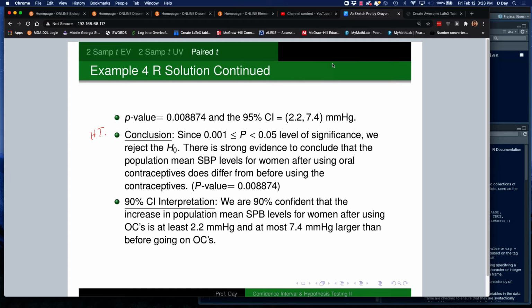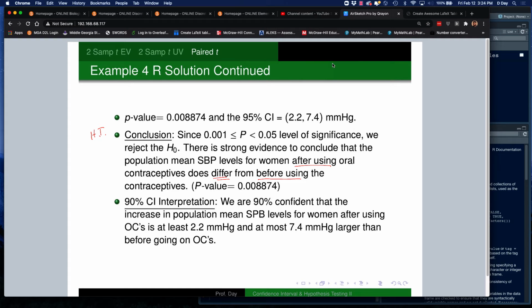There is strong evidence to conclude that the population mean SBP levels after using oral contraceptives do differ from before using the oral contraceptives. So the order I put them in there was important. So after using versus before using.